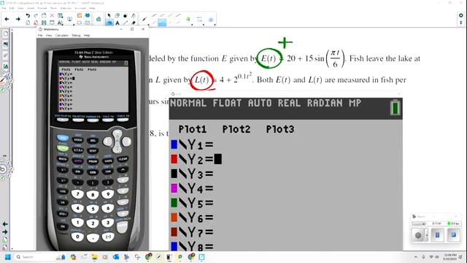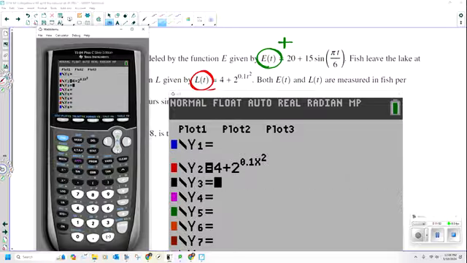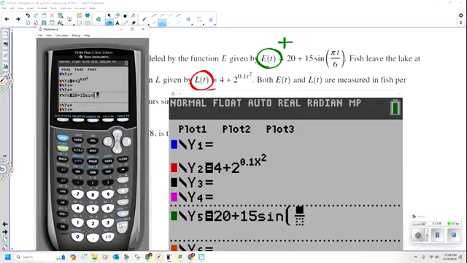For red, I'll put the leaving, y2: 4 plus 2 raised to 0.1 x squared. And I'm going to use green for entering: 20 plus 15 sine of pi x over 6.